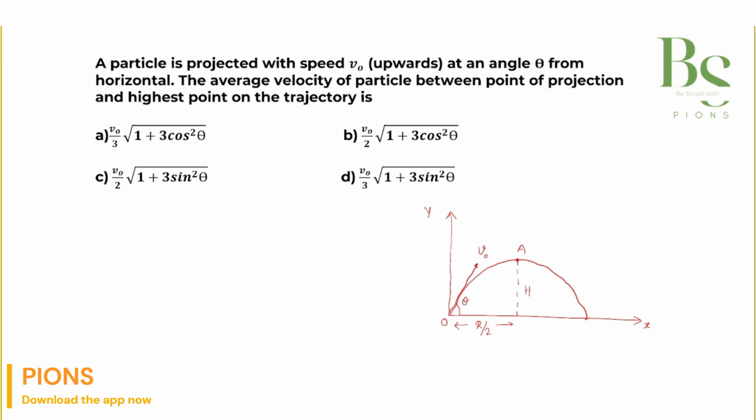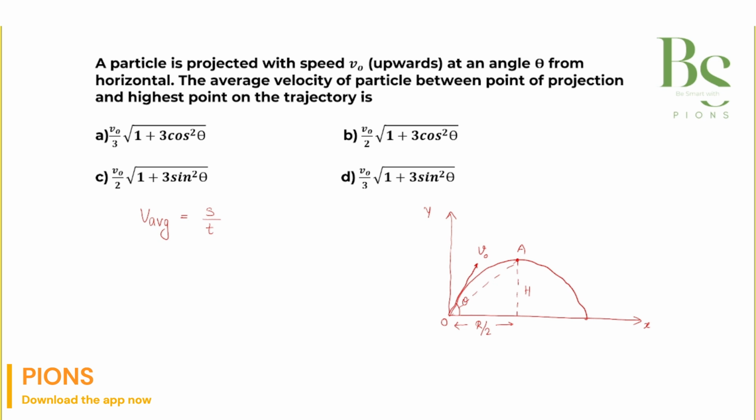Now what is our average velocity? Average velocity v will be equal to displacement upon time. So if h is the perpendicular distance and R by 2 is the horizontal distance, then what will be the displacement while going from O to A? This straight line O to A will be our displacement of the particle.